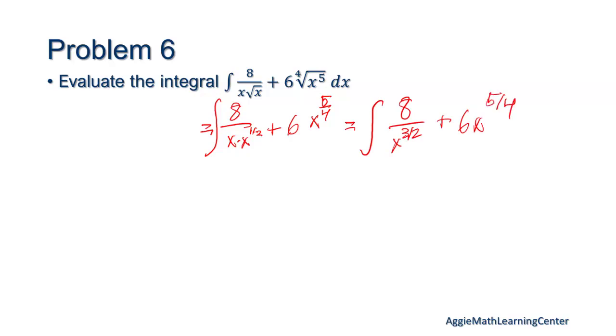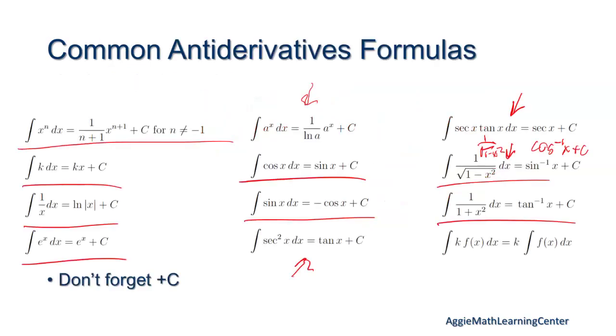Again, personal preference. I also don't like dealing with powers in the denominator or variables in the denominator if I can help it. So I'm going to simplify this again into the integral of 8x to the negative 3/2 plus 6x to the 5/4.